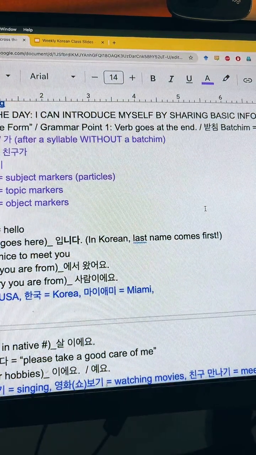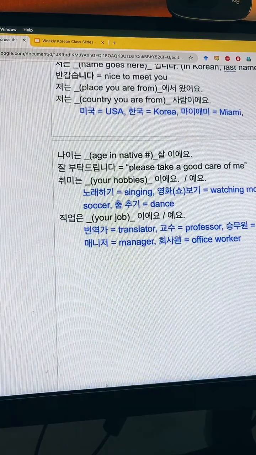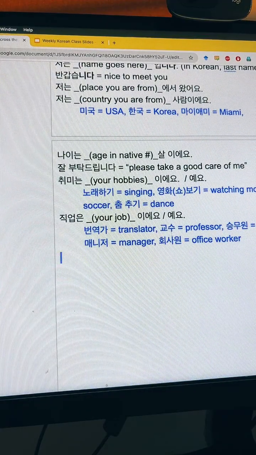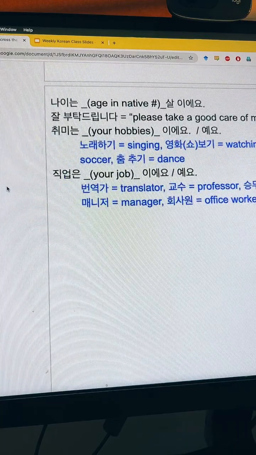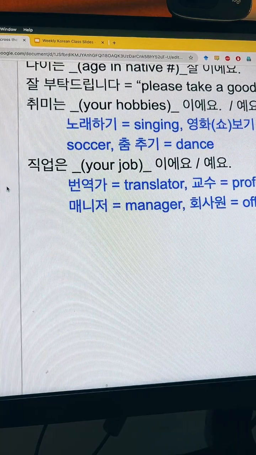Okay, so let me teach you a few more verbs that you can use, and then the nouns that you can plug in. And sometimes you plug in English nouns and Korean people understand it, right? So you're fine. So let me flip the camera again. Okay, going back to the bottom of our doc. Some other useful verbs when introducing yourself. You can say what you have. So 있어요.